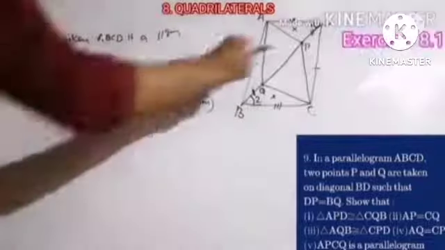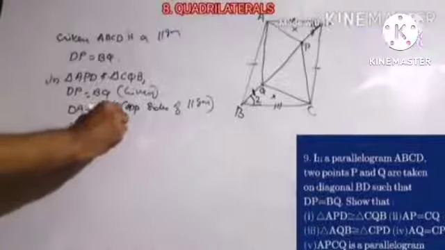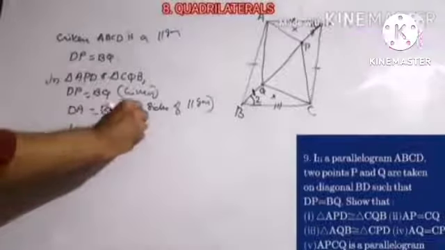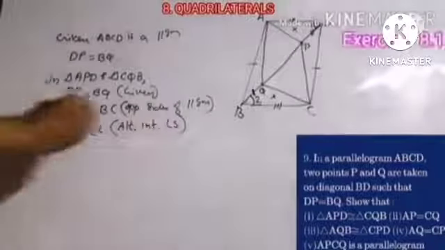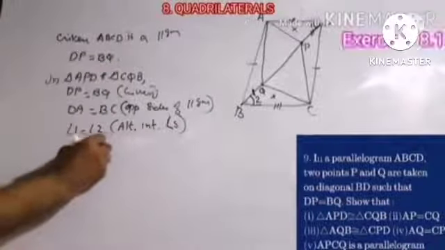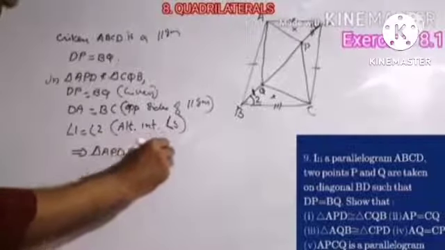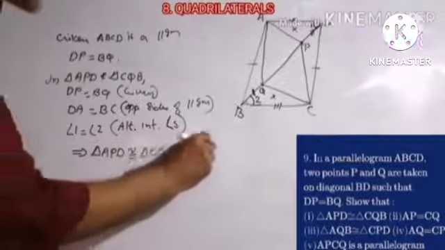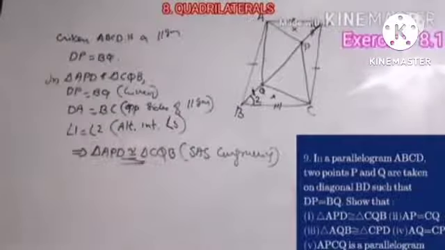Third, angle 1 equal to angle 2, reason alternate interior angles. Now we have 2 sides and the included angle equal, which implies triangle APD congruent triangle CQB by SAS congruency. So the first answer is completed.